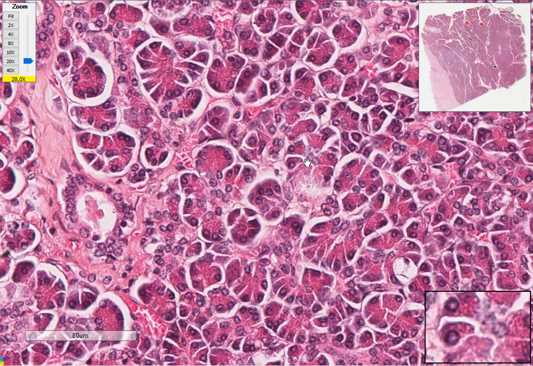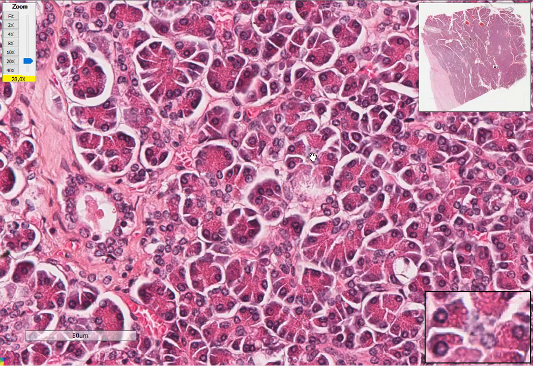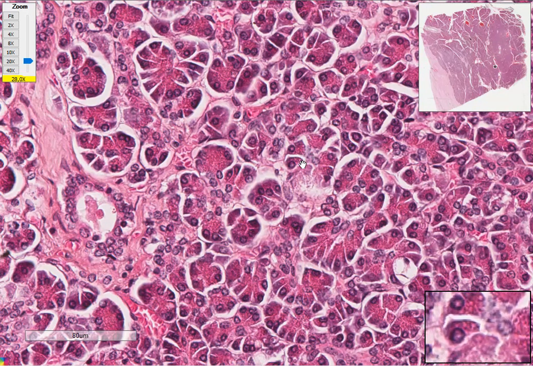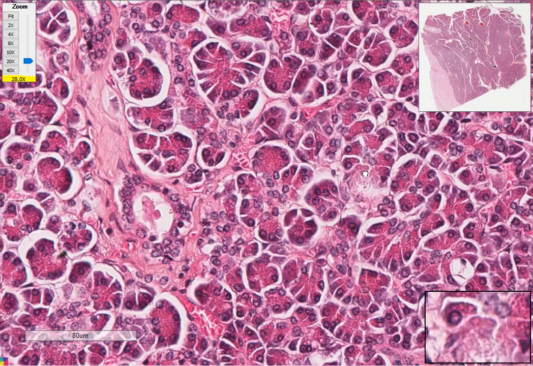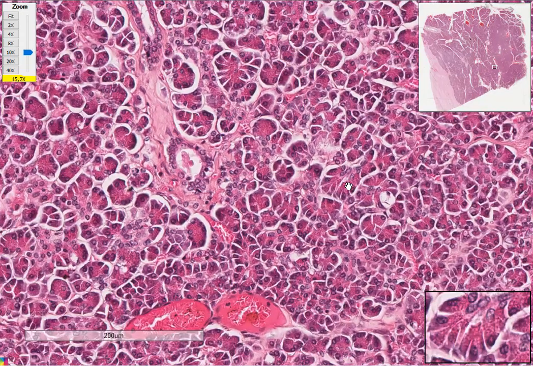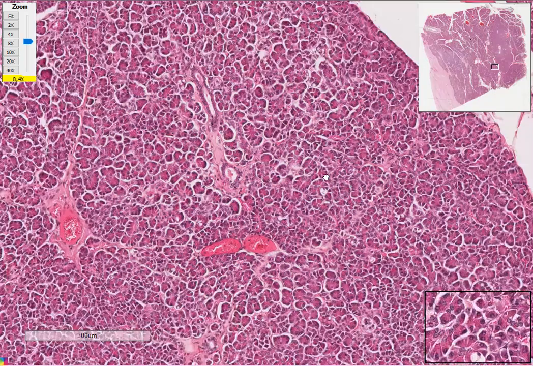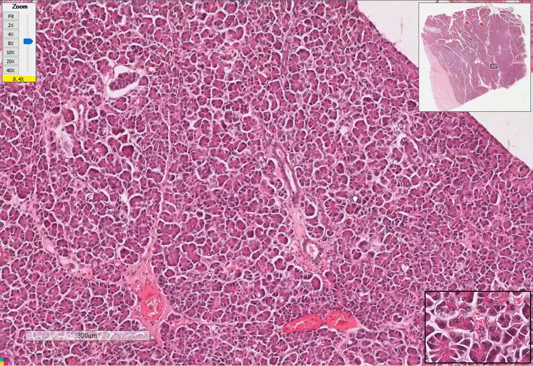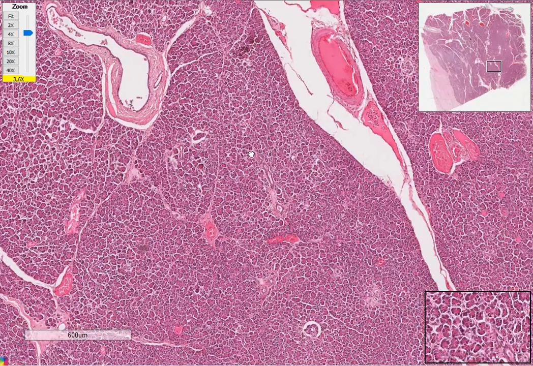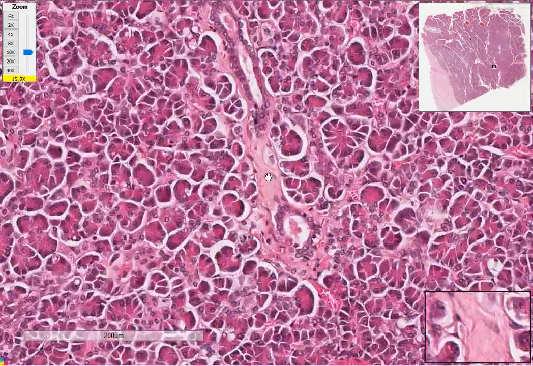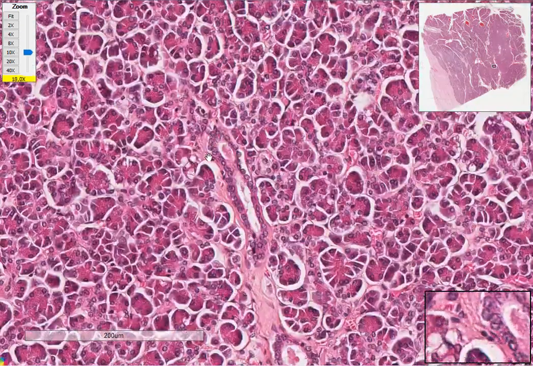So these secrete their juices into what we call intercalated ducts, and those intercalated ducts then secrete into intralobular ducts. So let me show you an intralobular duct. This here is an intralobular duct.